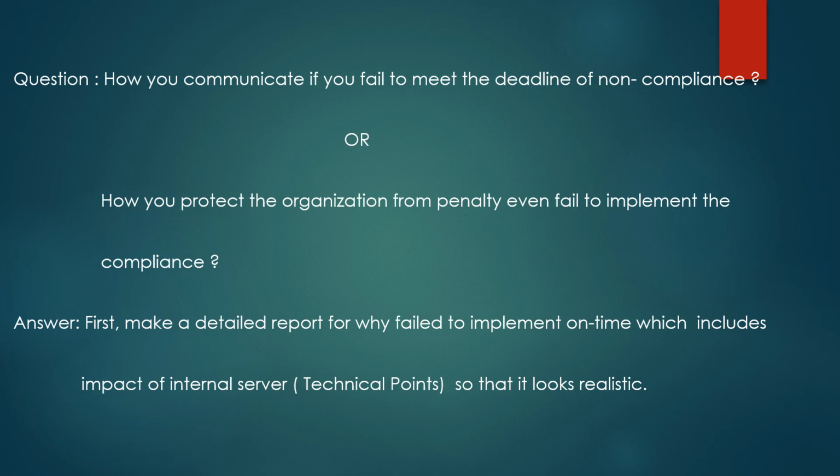Or this question may be asked: how do you protect the organization from penalty even if you fail to implement the compliances? First, make a detailed report on why you failed to implement on time, which includes the impact of internal servers and technical points, so that it looks realistic.